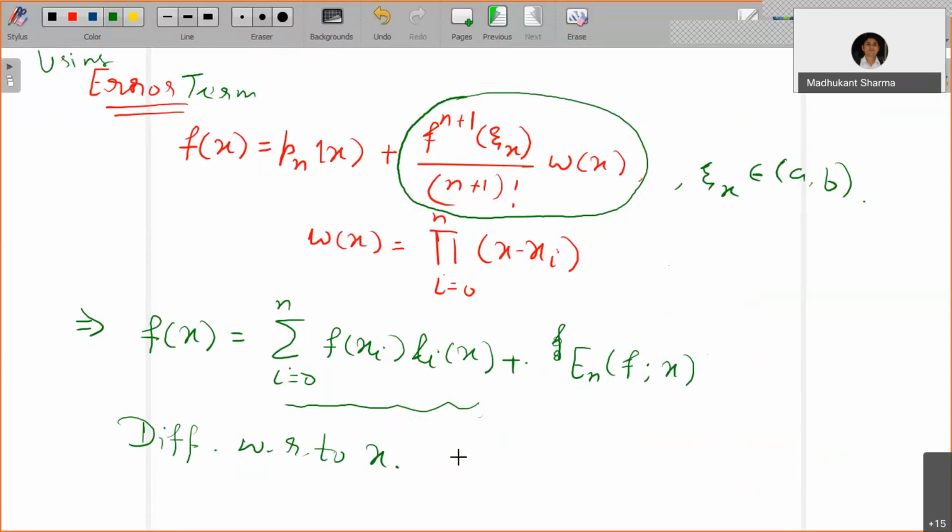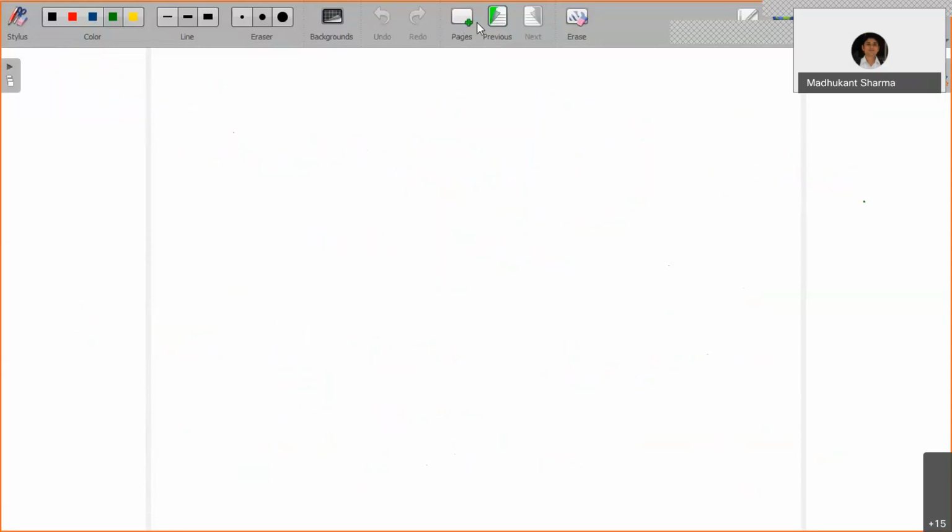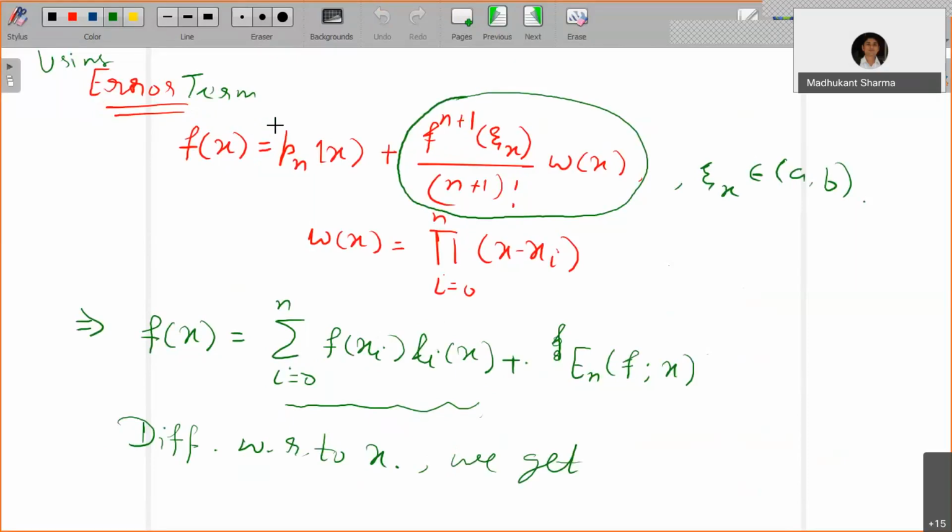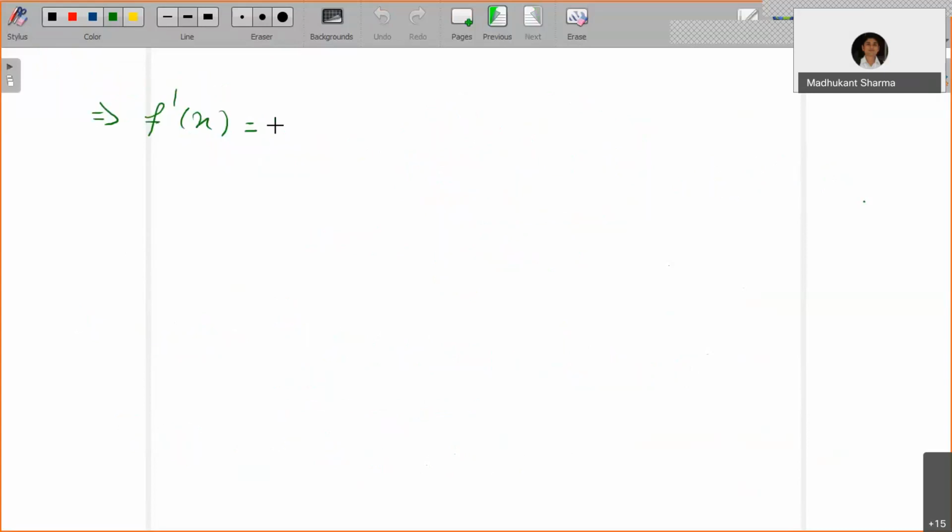So differentiating with respect to x, we get f dash of x equals, term-wise differentiation is possible because it is a finite sum. So this equals the summation i equals 0 to n of f at xi, which is a constant, times li dash of x, plus the error term differentiation En dash of f at x.